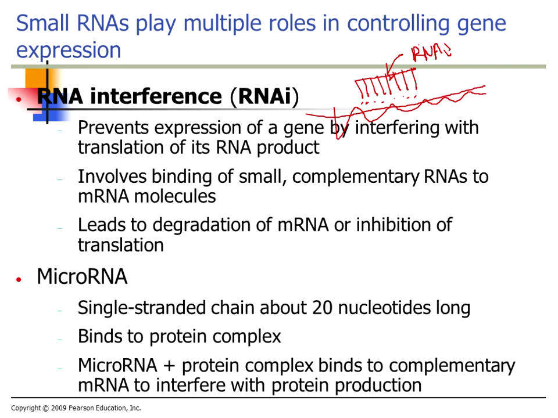These are also called microRNAs, micro interference RNAs, and they are single-stranded chains of about 20 nucleotides long. One side of it binds to a protein complex, and the other side is complementary to the messenger RNA to interfere with protein production.